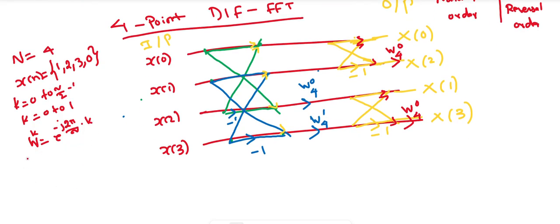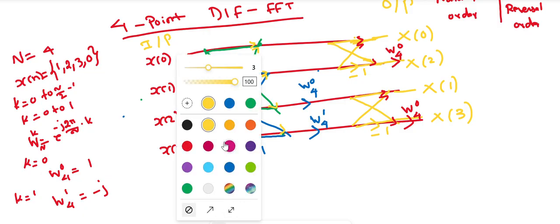Already we derived it, but anyway here k equal to 0, W_4^0 is equal to 1. K equal to 1 means W_4^1, with N equal to 4, which is e power minus j pi by 2, so this is minus j. W_4^1 is minus j.